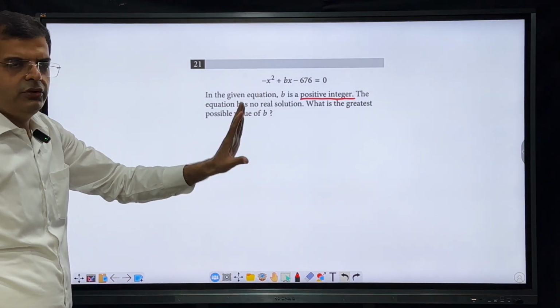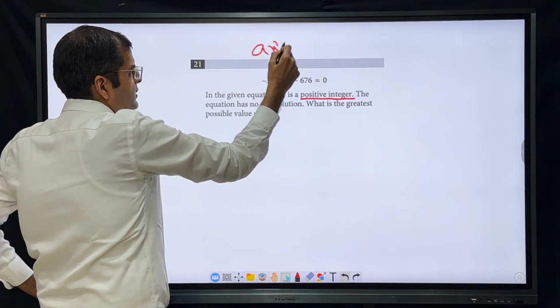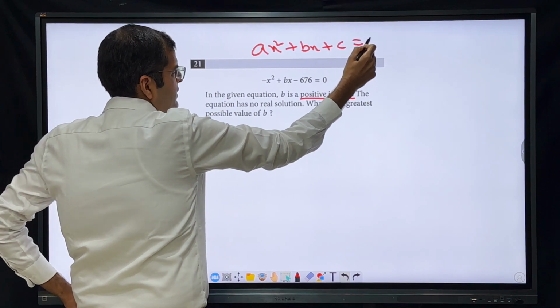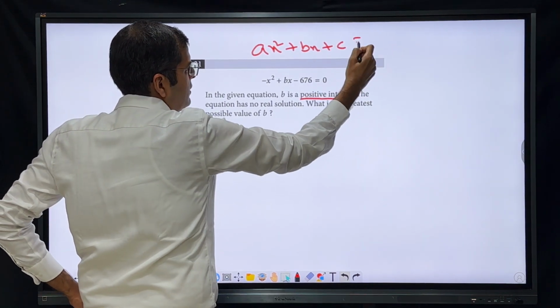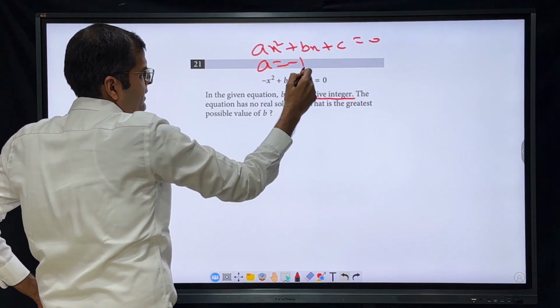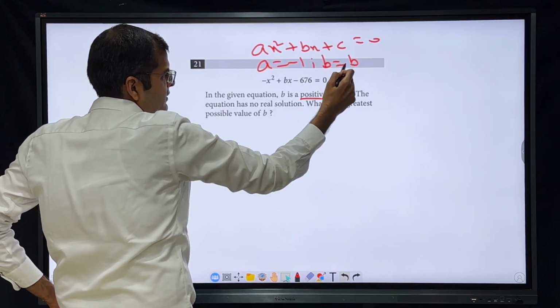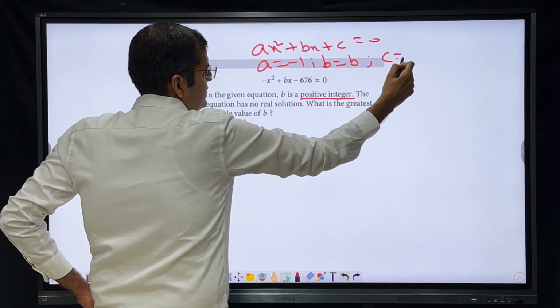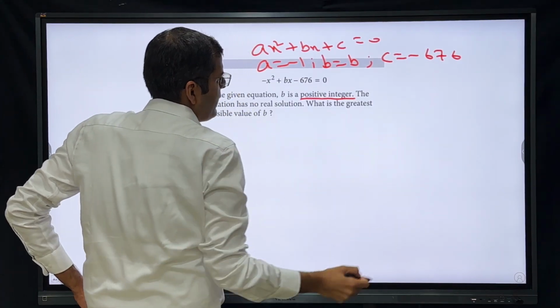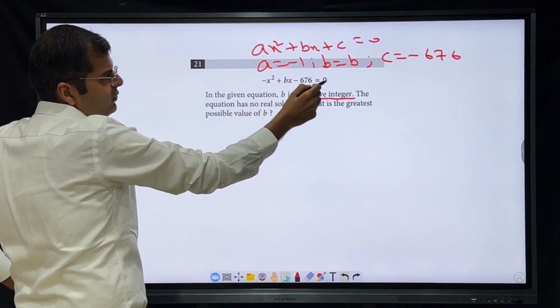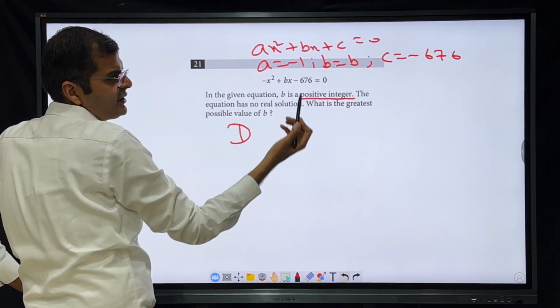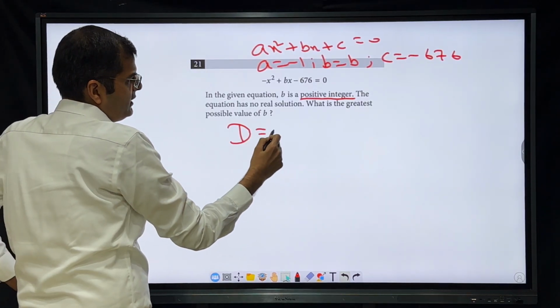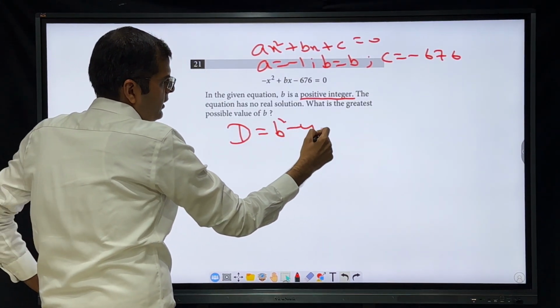If it has no real solution, the equation is of the form ax square plus bx plus c equal to 0. Here a is equal to minus 1, b is equal to b, which is a positive integer we know, and c is equal to minus 676. If it has no real solution, that means the discriminant of this equation is less than 0. Discriminant is what? b square minus 4ac.